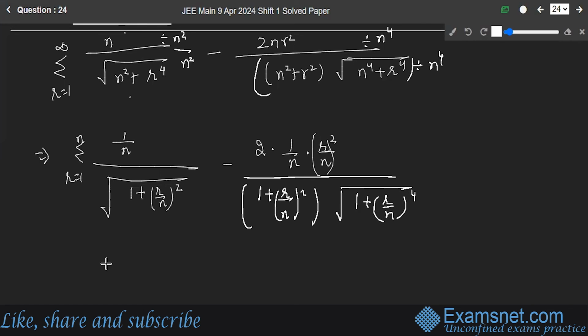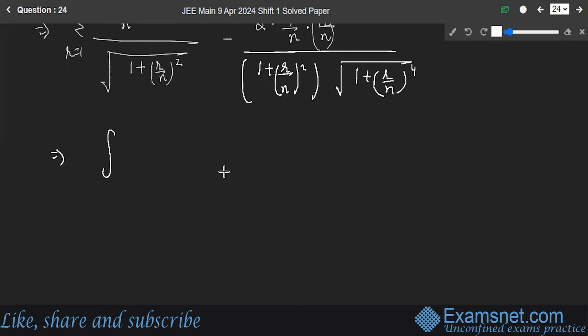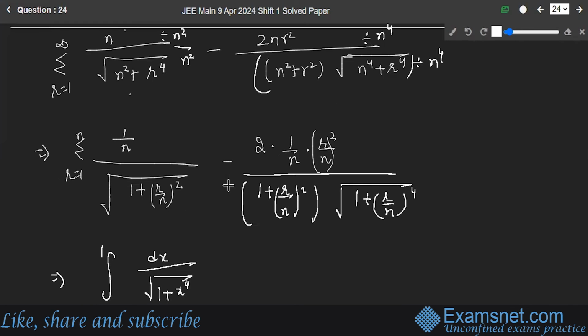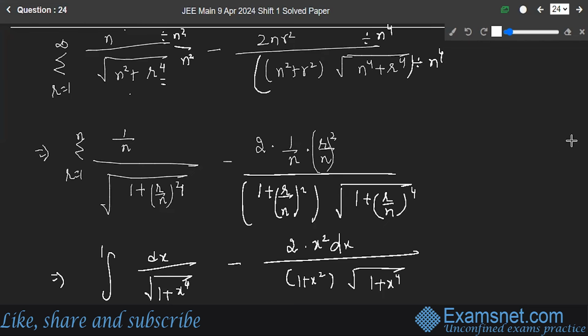And now let's open it up. This is equal to the integral with limits 0 to 1 of dx/√(1 + x⁴), because here was power 4, minus 2x² dx/((1 + x²)√(1 + x⁴)).